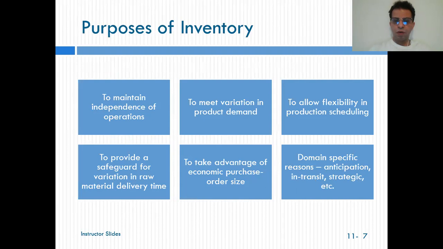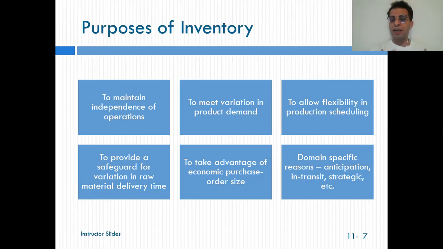The purpose of inventory is to maintain the independence of operations. You have things in the warehouse, so anytime you need, you can operate. The other purpose is to meet variation in product demand. So one day you want to produce 100, the next day, suddenly you have to produce 500.